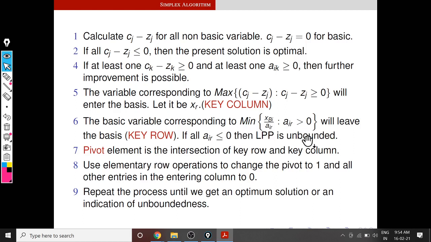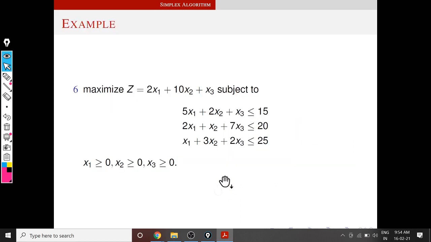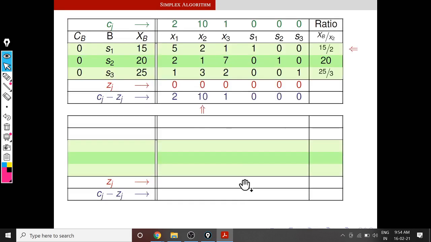If all are negative, it is unbounded. Then identify the pivot, then make 1 0. That is the procedure. Then repeat your process.